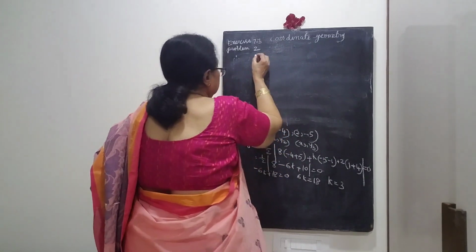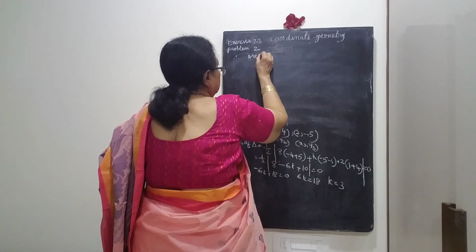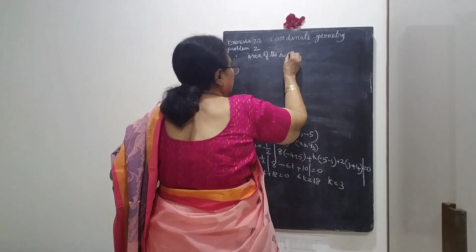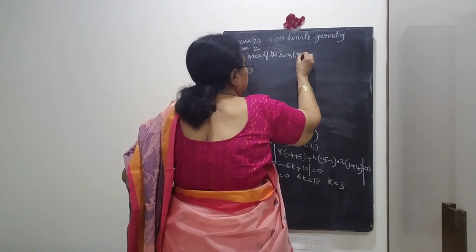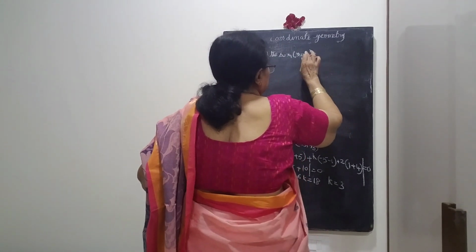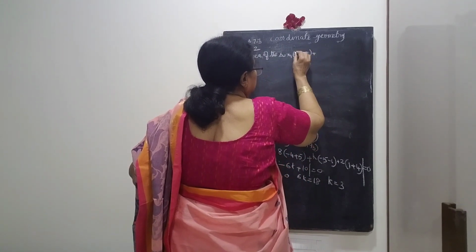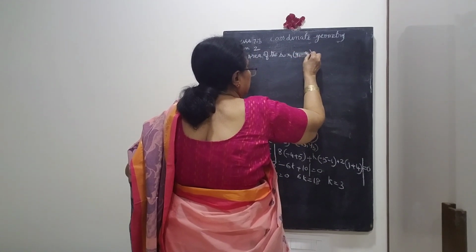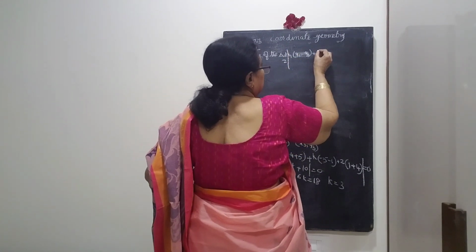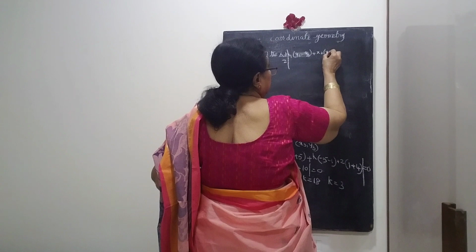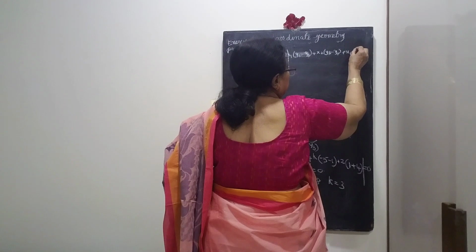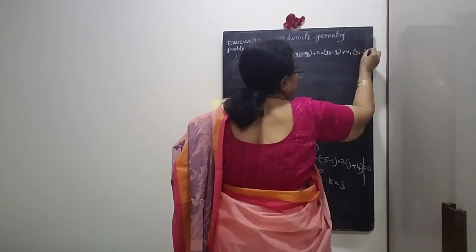Writing the formula again. Area of the triangle is half into modulus of x1 into y2 minus y3, plus x2 into y3 minus y1, plus x3 into y1 minus y2.